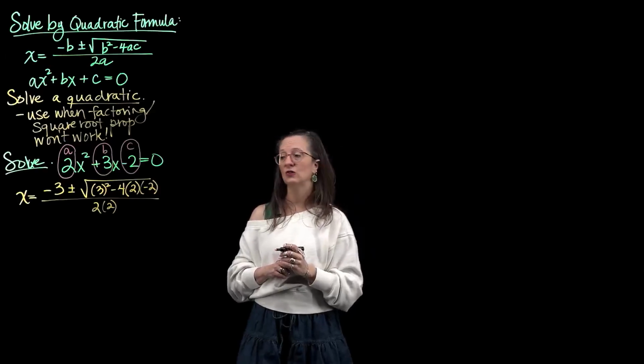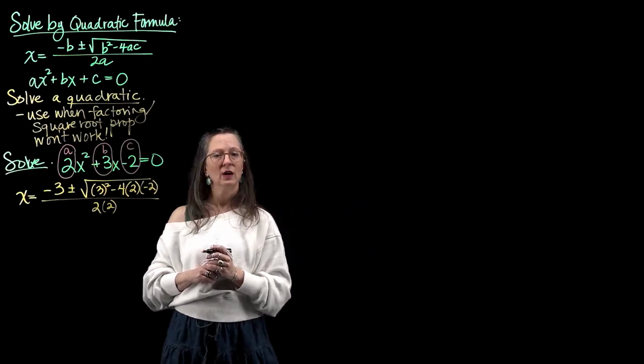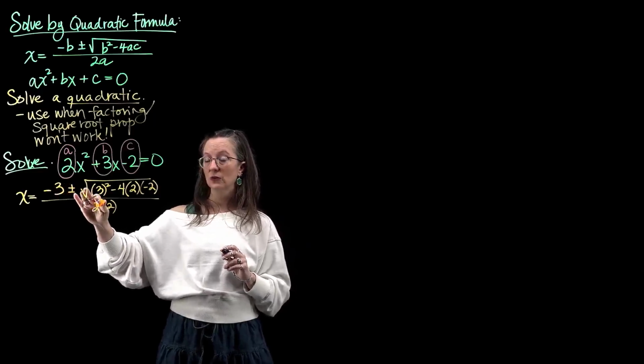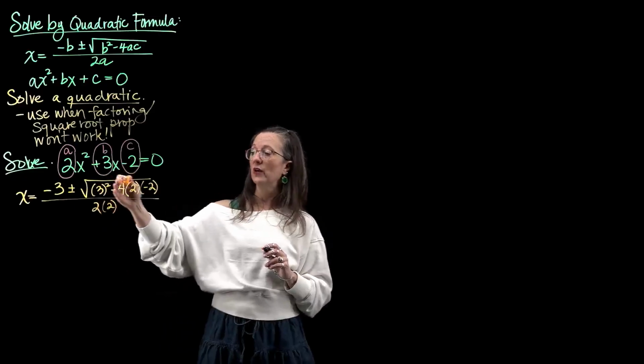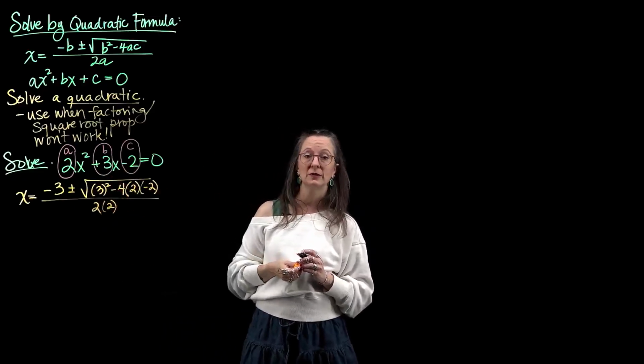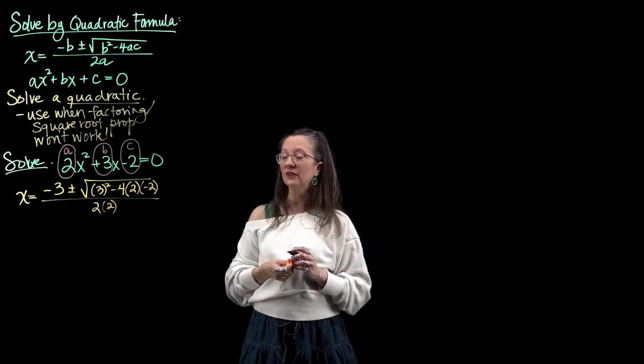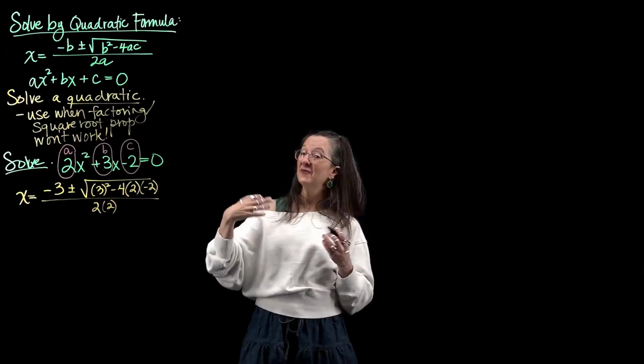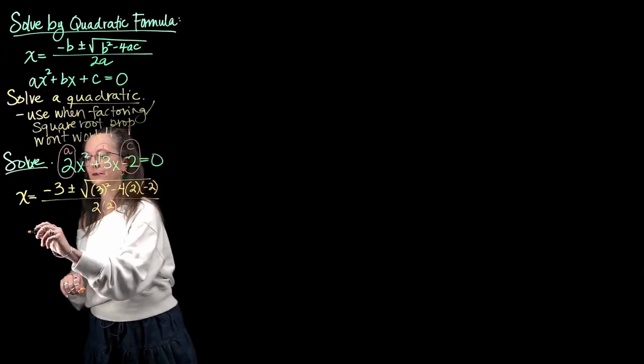Of course, a is 2, so 2 times 2. All right, so let me read that back. Negative 3 plus or minus square root of 3 squared minus 4 times 2 times negative 2, all divided by 2 times 2. All right, we've got it in there. We just have to evaluate now, or simplify.